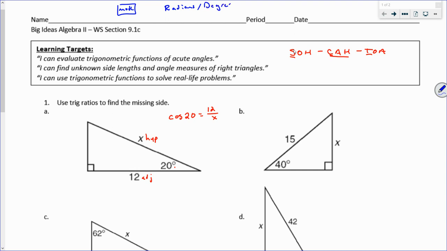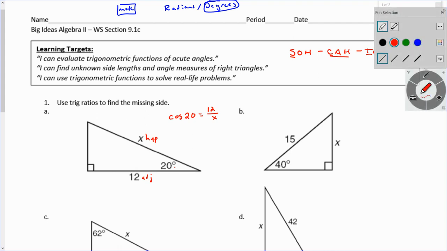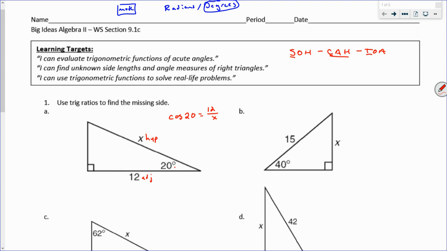We're going to be going back and forth through these two choices in the upcoming sections. But right now, we really want to make sure that degrees is selected. Otherwise, our calculator is not going to do what we want it to do. So my calculator's in degrees.